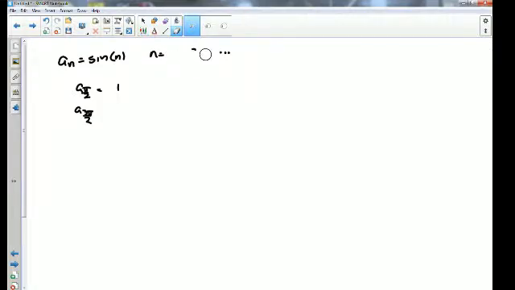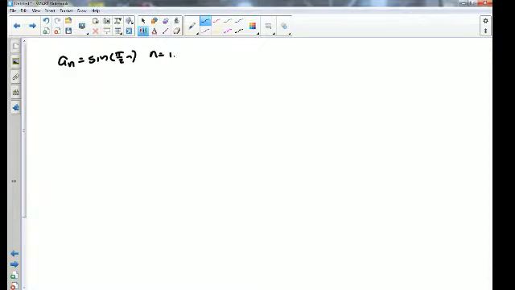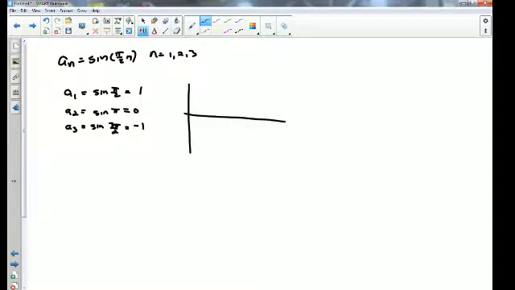We better do this, because that's not very good notation. I said that was an integer, so let's go pi over 2n and make those integers. So the first term is sine pi over 2, which is 1. What's the second term? Sine of pi, which is 0. Third term, sine 3 pi over 2 is -1.